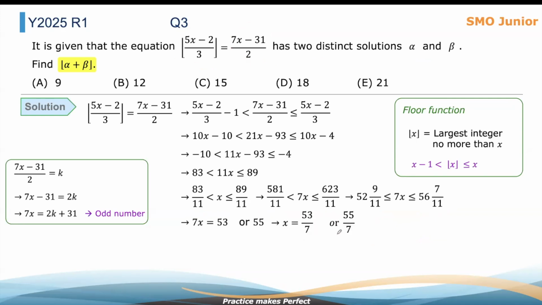One is alpha, the other one is beta. So we can find the floor function of alpha plus beta, which equals 15. So the answer is C.